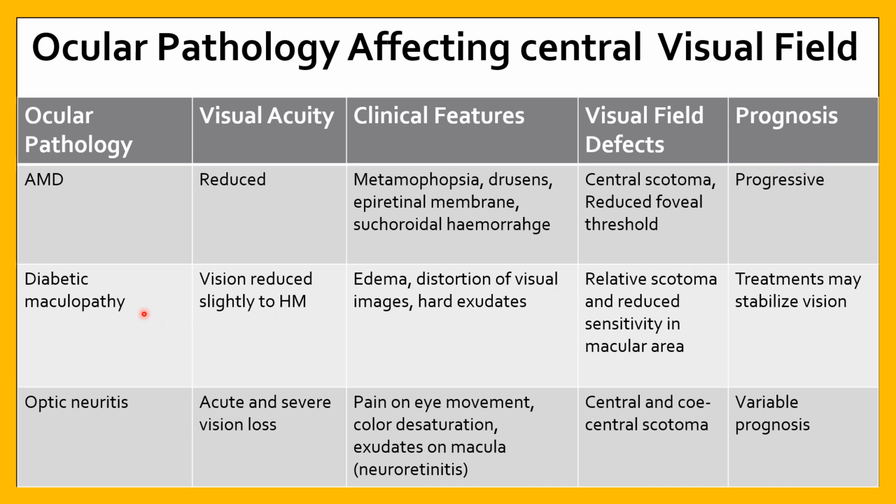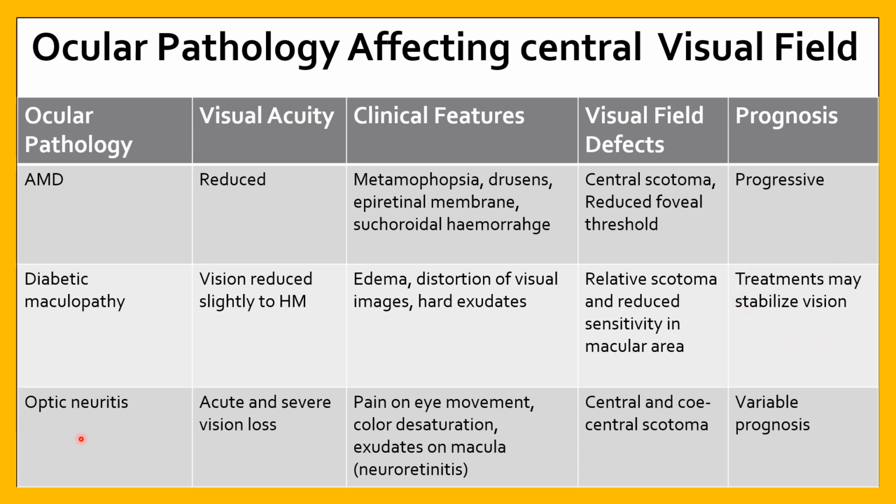In diabetic maculopathy, vision is reduced slightly to hand movement, and there may be edema or distortion of visual images and hard exudates. Relative scotoma with reduced sensitivity in the macular area can be seen, and treatment may stabilize the vision.